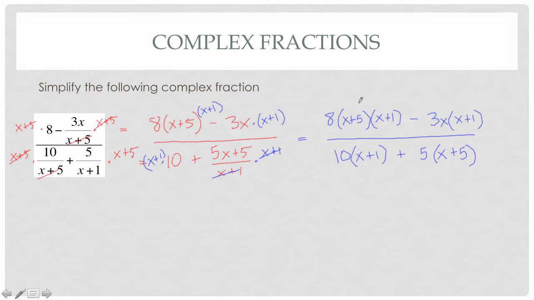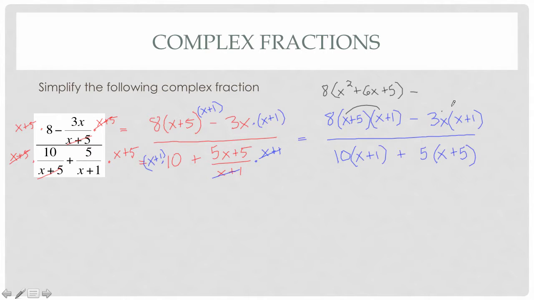So let's do some distributing. Let's do some multiplication. I'm going to multiply things out right here. So we got x squared. x plus 1 is 1x plus 5x. That's going to be plus 6x. And then 5 times 1 is plus 5. That's still all multiplied by 8.